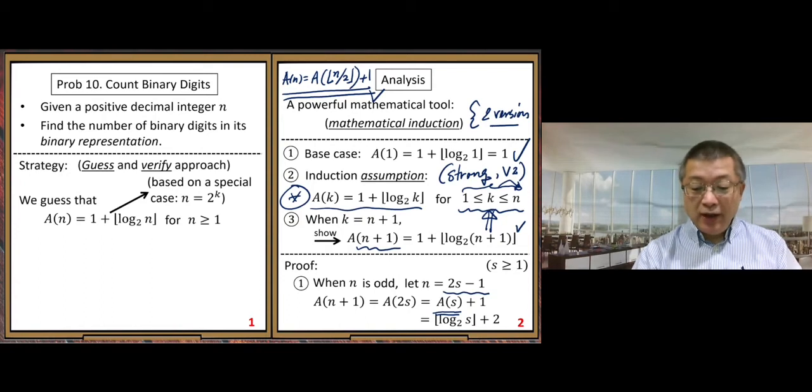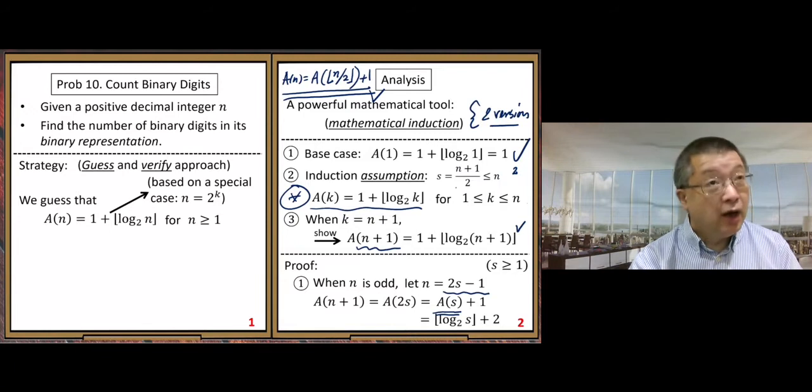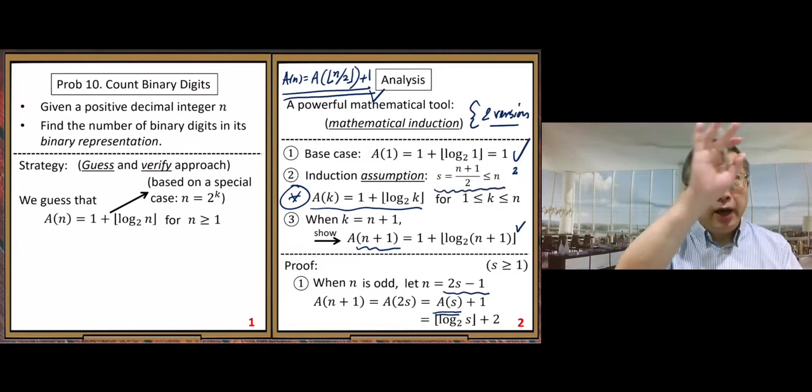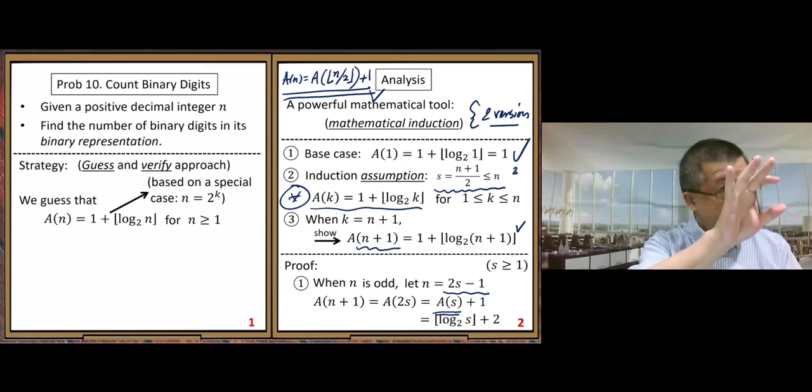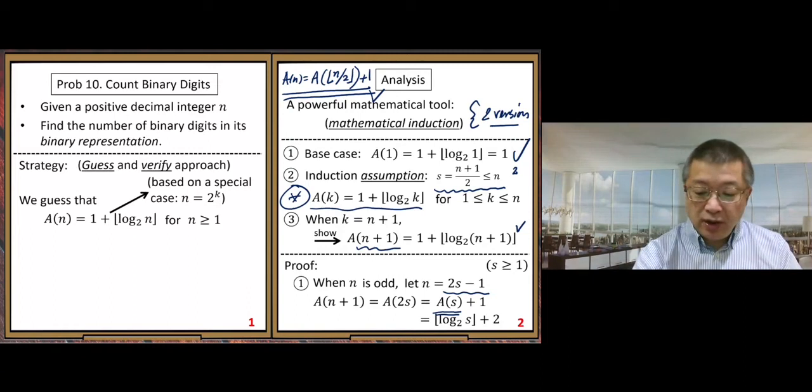Then let's go back to check why we can use this induction assumption. Because the range of s, represented in n plus 1 over 2, can be easily shown to be between 1 and n.